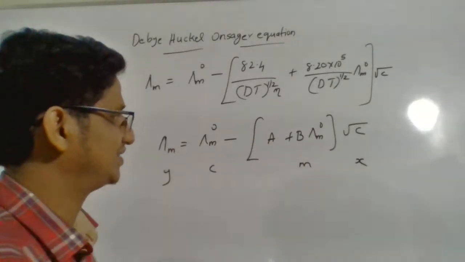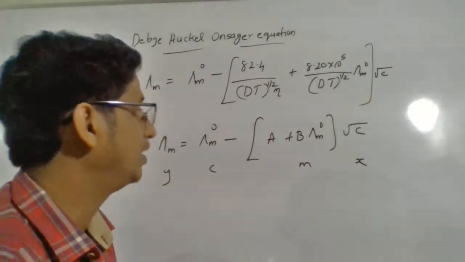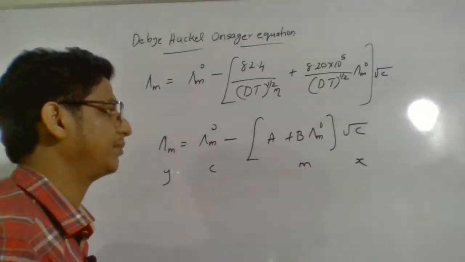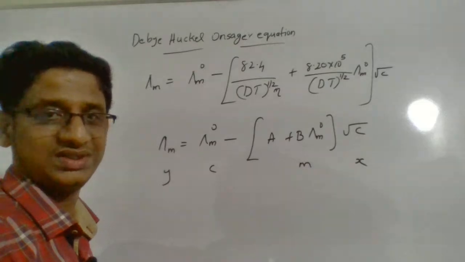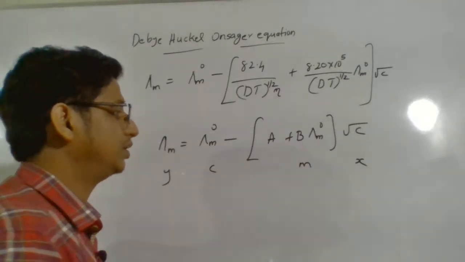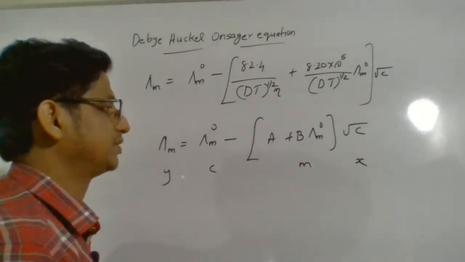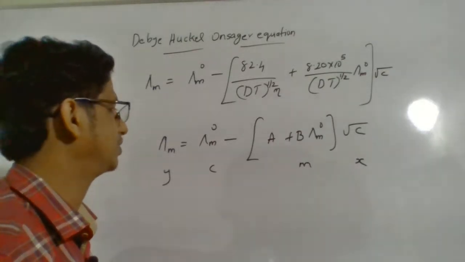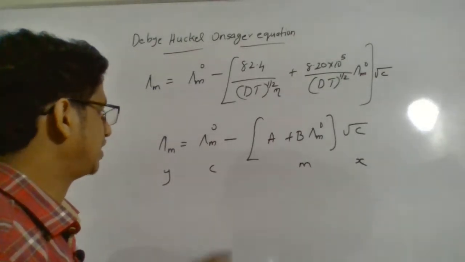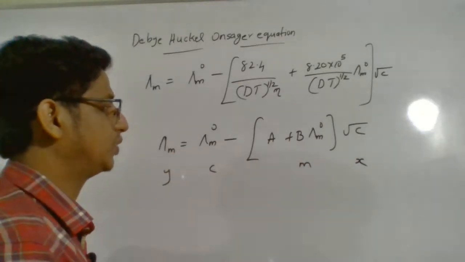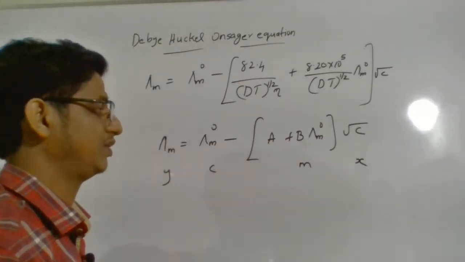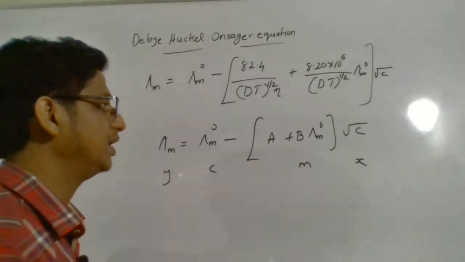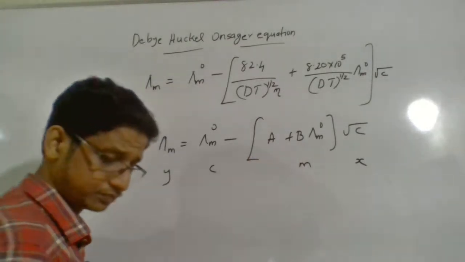You can see the negative sign is there, where m is the slope. The slope value is A plus B lambda m0. So according to the Onsager equation, we expect to get a straight line with a negative slope if you plot lambda m versus root c, where the slope is equal to A plus B lambda m0.